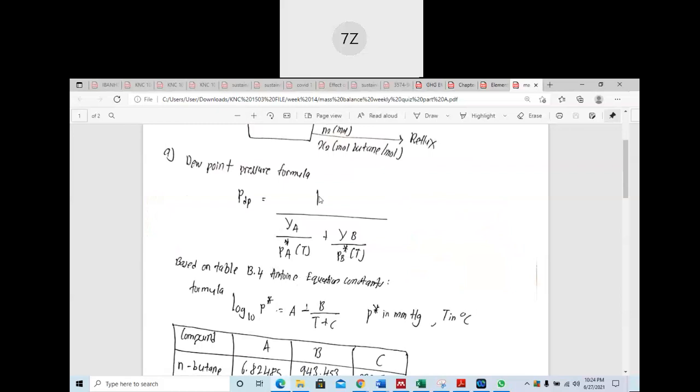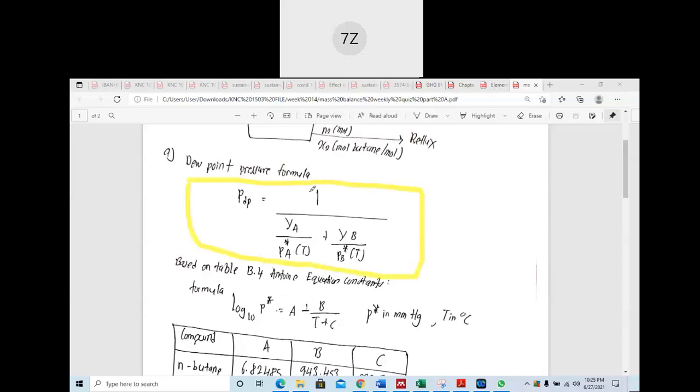For question A, our job is to find the dew point using the Raoult's law formula. Here is the dew point, where the vapor pressure of Raoult's law is being used.